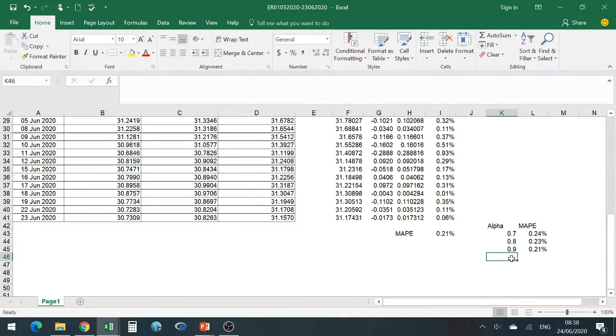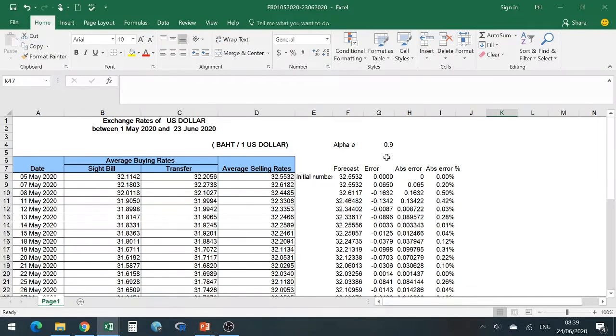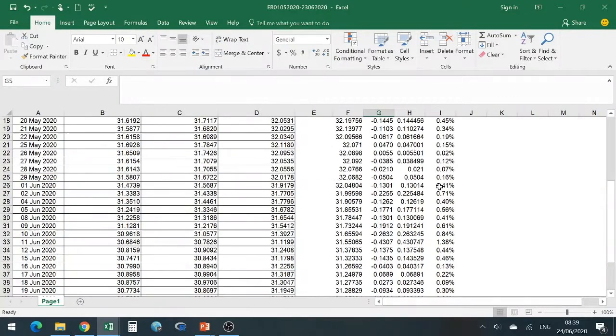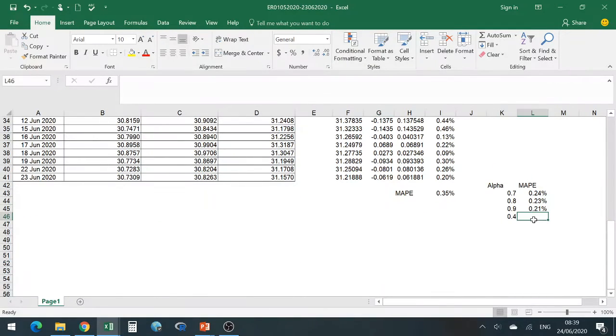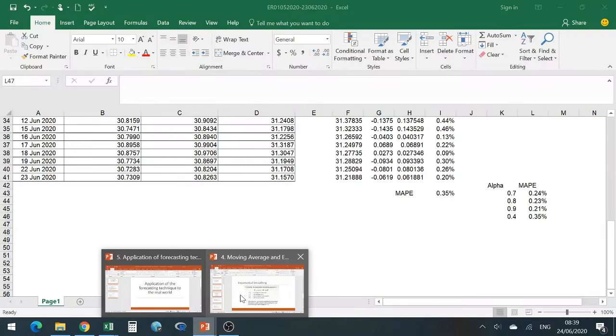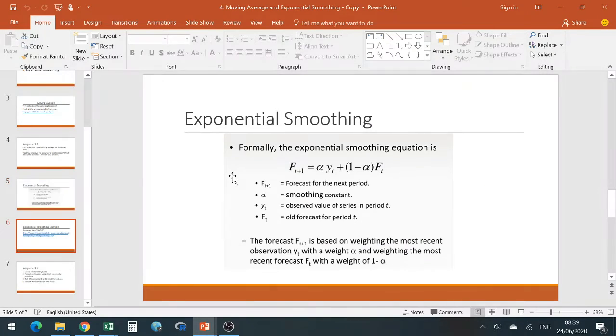How about alpha of 0.4 this time? That's not good. So we can compare and change alpha to see which alpha is the best one. Because alpha is a constant, it doesn't change. So that's how you do exponential smoothing.